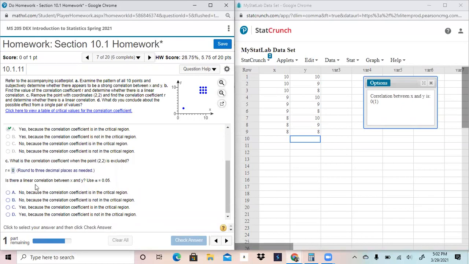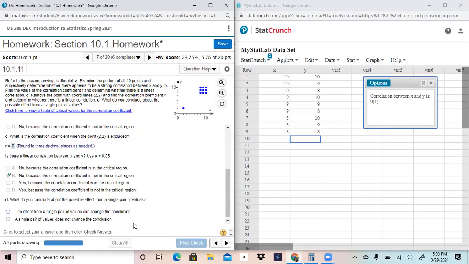So now, is there a correlation between X and Y? No, because the correlation is 0. It's not in the critical regions, out in the tails. So what do you conclude about the possible effect from a single pair of values? Definitely it can change the conclusion.